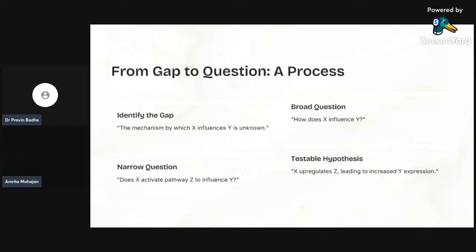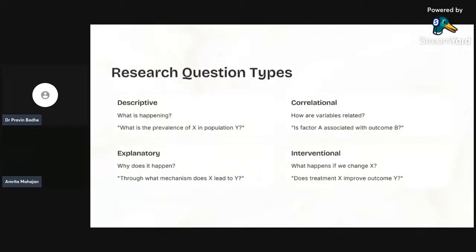Once the gap is identified, you turn it into a question, and then create a narrow question. This step requires you to focus on a particular specific aspect of that broad question. The next is the testable hypothesis. The final step is to turn the narrow question into a testable hypothesis. This is a precise statement that will help you predict the outcome of the experiment.